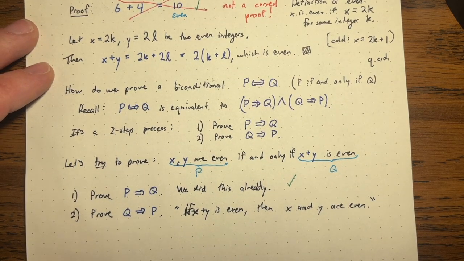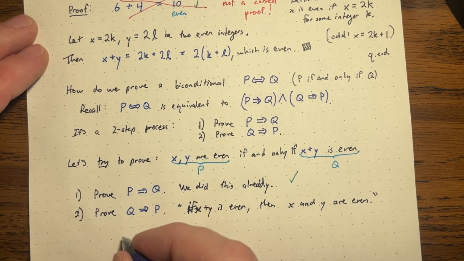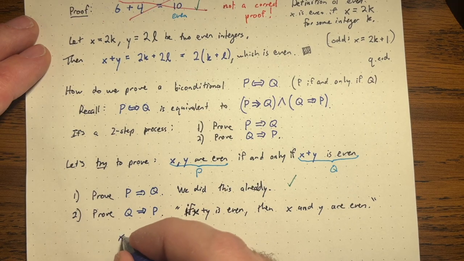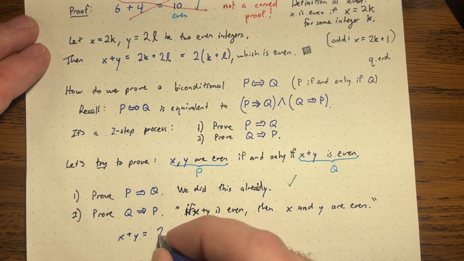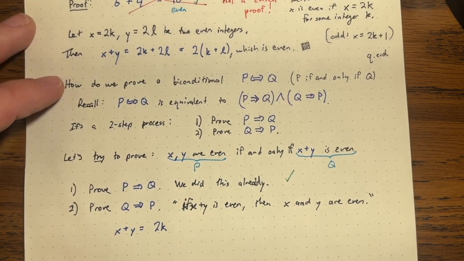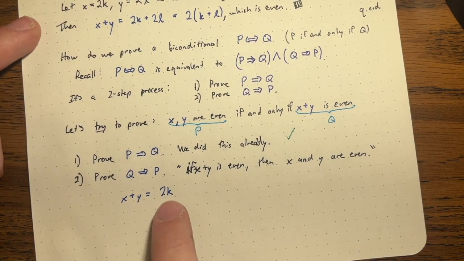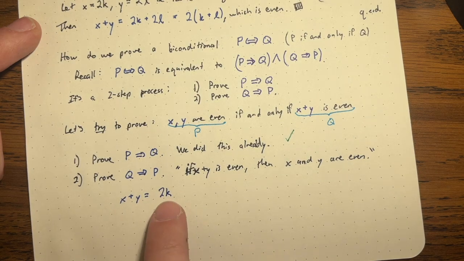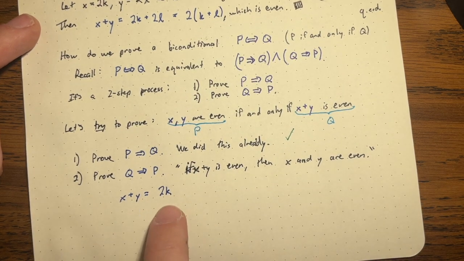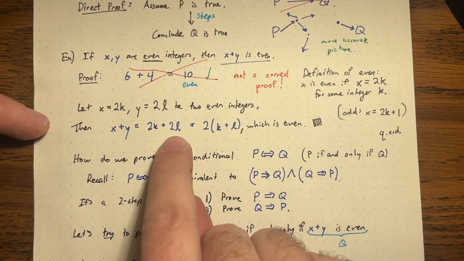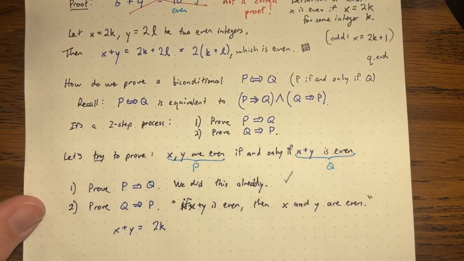Here's how you would start, right? You would say, okay, we're assuming x plus y is even, so we're assuming x plus y is twice an integer k. And then we want to show that x itself is 2 times an integer and y itself is 2 times an integer. I don't see a clear way to do that, right? It's certainly not as readily apparent as this.